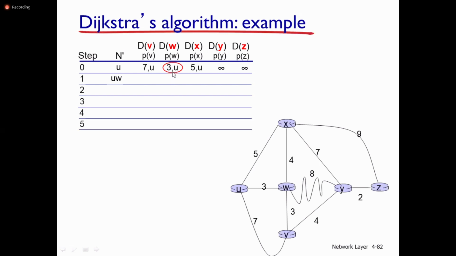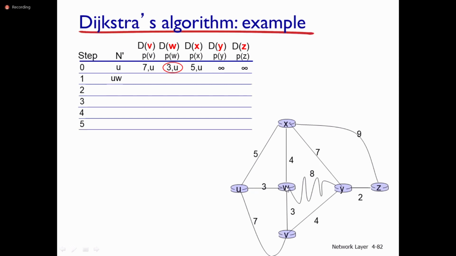The distance 3 is the distance from U to W. That's why we choose the path from U to W first to find the distance to the other nodes in the network, because U to W is the shortest path among these three.